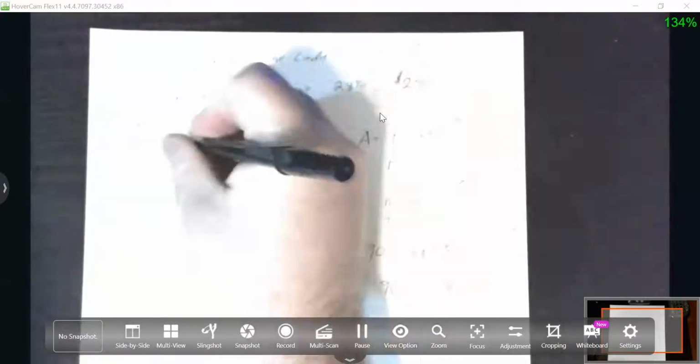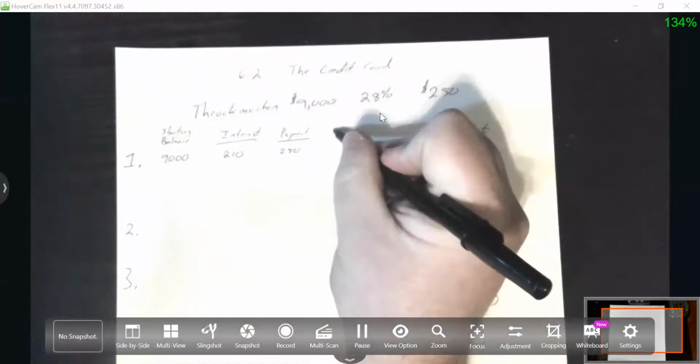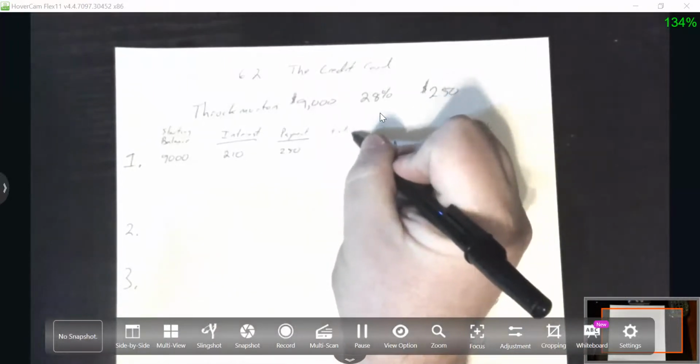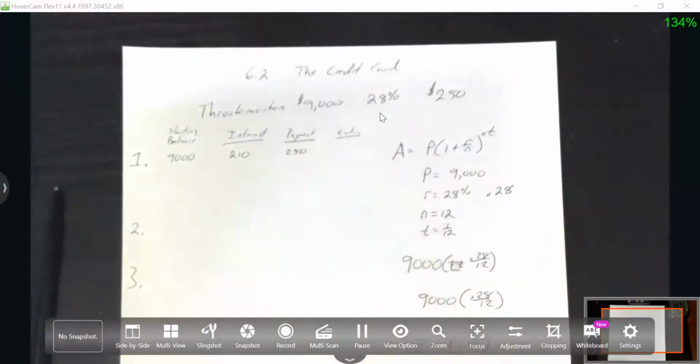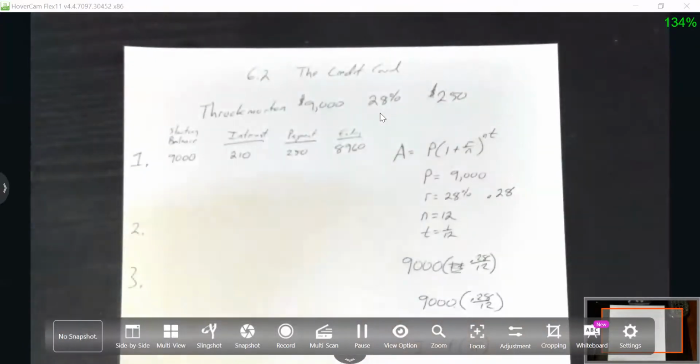And so at the end of that whole first month cycle, he's ending up at an ending balance of, let's see. He started off owing $9,000. The credit card added the $210. We take away the payment that Throckmorton made, and now he owes $8,960 at the end of the first month.